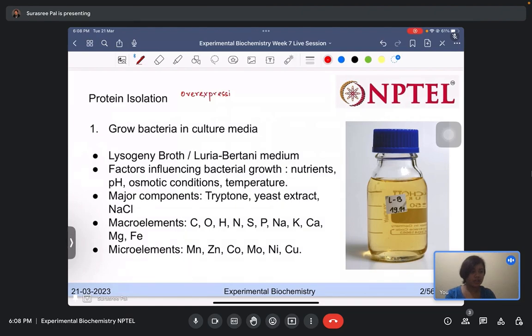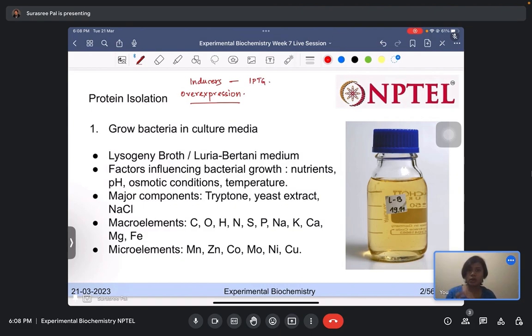Overexpression essentially means that the protein of interest will be produced in much more quantity in the bacterial cell. And for that, we use inducers. One very common inducer is IPTG.